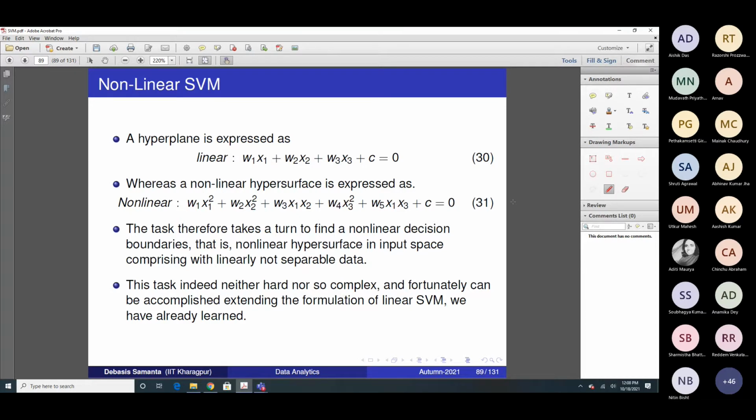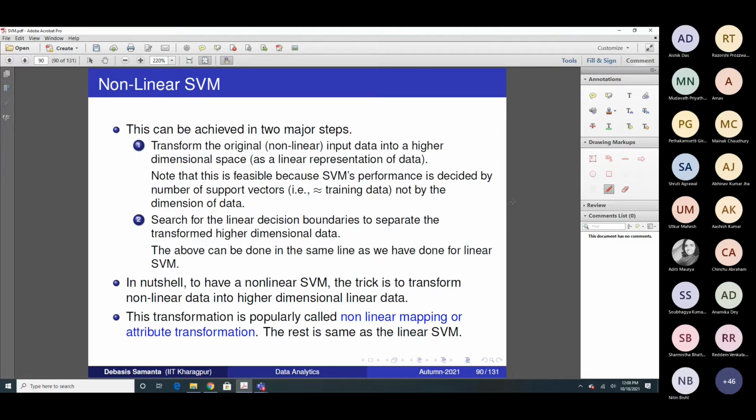Now here the idea is how we can work with the nonlinearity of the hypersurface so that we can use this to classify our data. Now there is a concept, called data transformation.